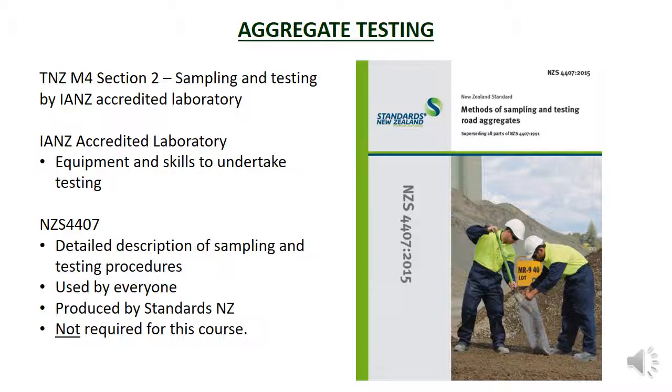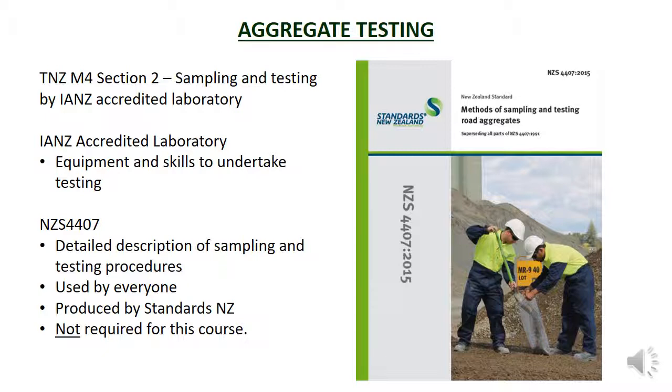These tests need to be carried out using specific procedures, most of which are set out in NZS 4407-2015, Methods of Sampling and Testing Road Aggregate. This document provides a detailed description of the steps required to carry out each test, so everyone does the test in exactly the same way.